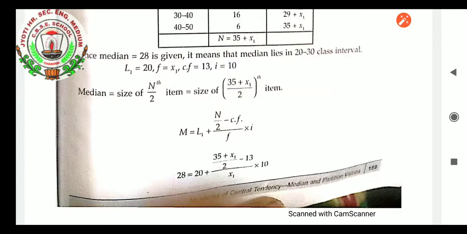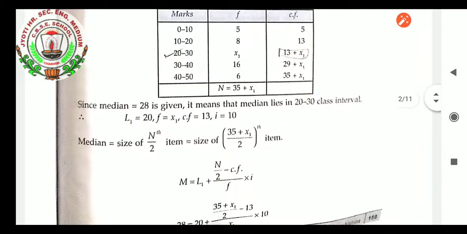The median formula is L1 plus (n by 2 minus CF) upon f. Okay, how are we taking CF? 35 plus x lies in which class? The median is 28, it is given. It means the median lies in which class?